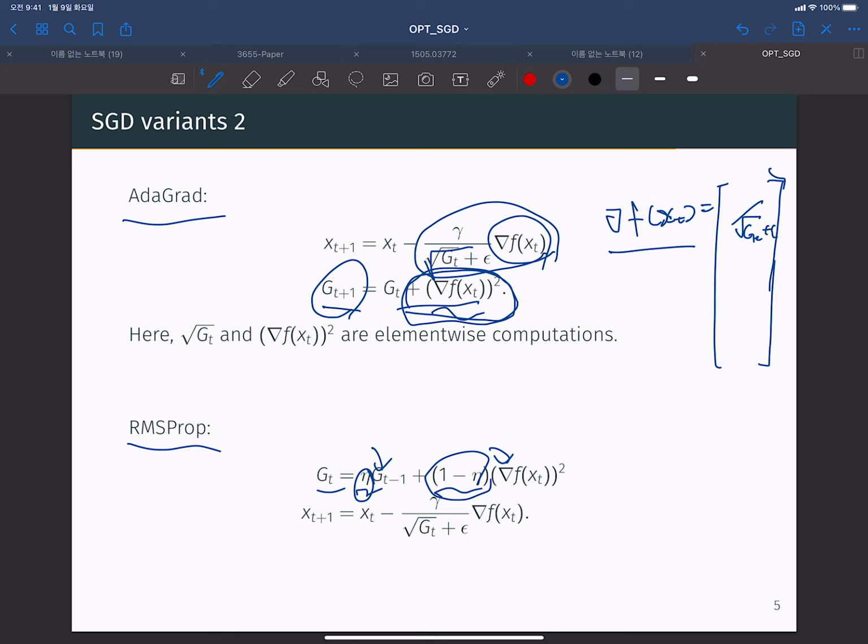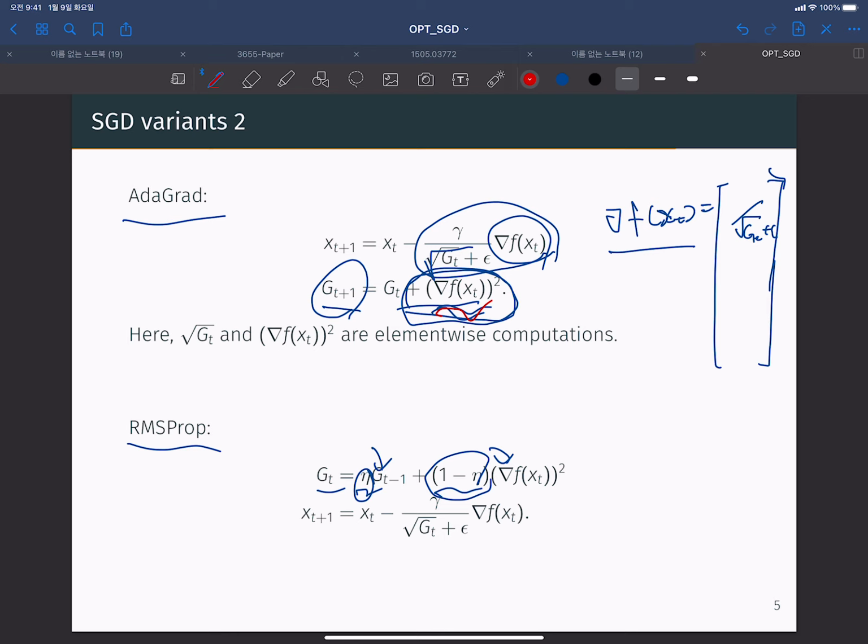So why is g_t useful? Basically, one nice thing about the square is you don't need to consider the sign of the value, right? So from the square, you can roughly guess the absolute value of each element of your gradient vector.